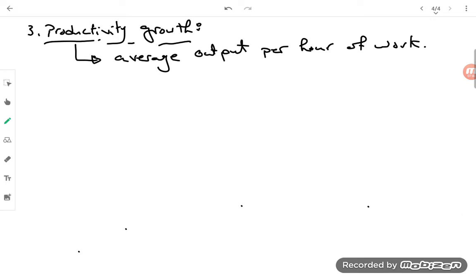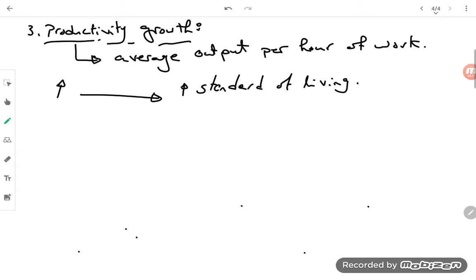And in this case, we are going to talk about average output with respect to all workers in the nation in terms of hours of work in order to produce all goods and services. So a faster increase or growth in average productivity means that the standard of living of individuals is going to increase. So this means that there will be more houses, more cars, more roads, more hospitals and schools, etc.